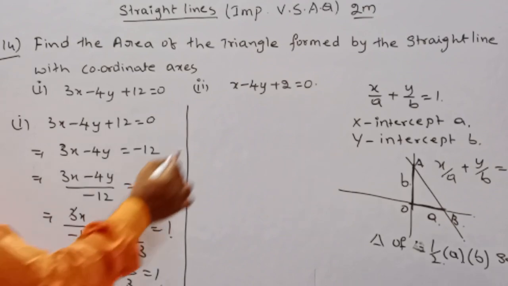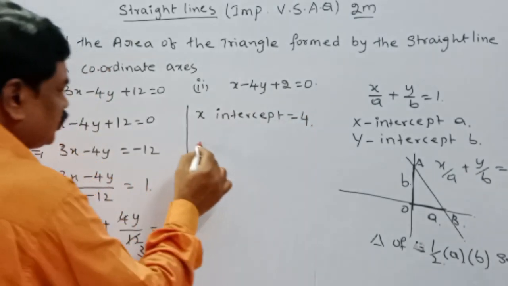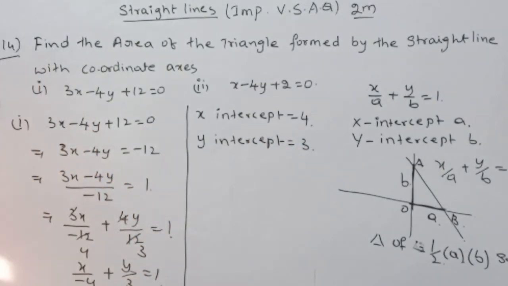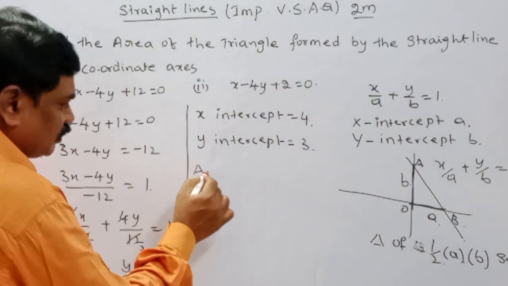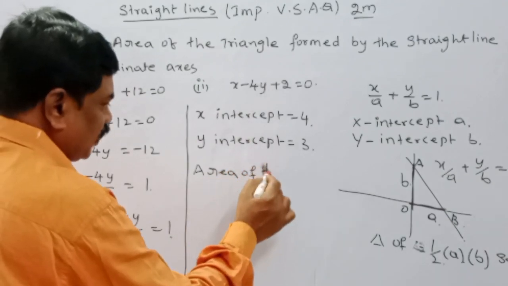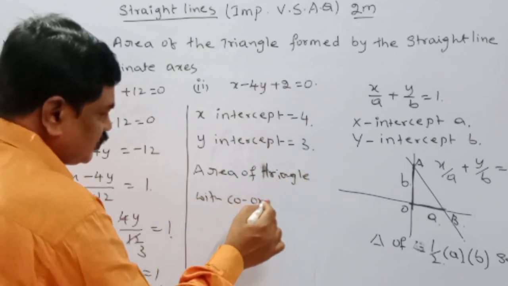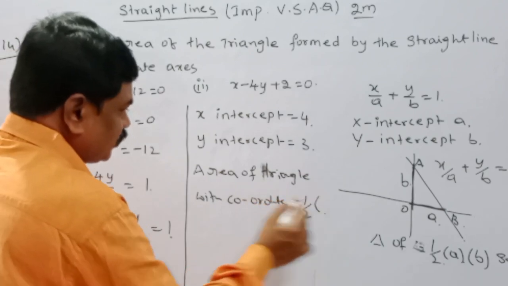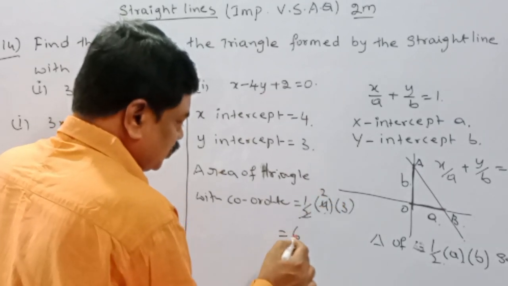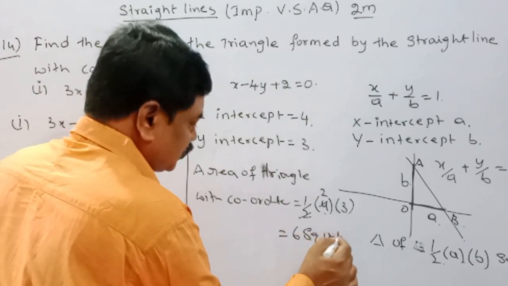Here the x-intercept is 4 in magnitude and the y-intercept is equal to 3. Then what is the area of the triangle with the coordinate axes? It is equal to 1 by 2 into x-intercept 4 into 3, which is 6 square units.